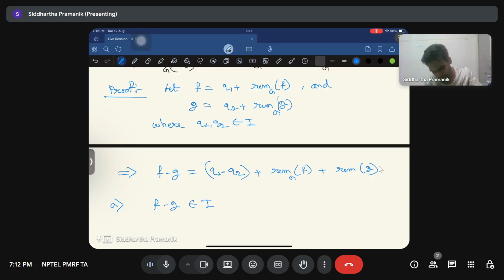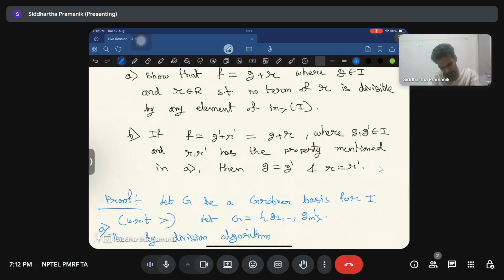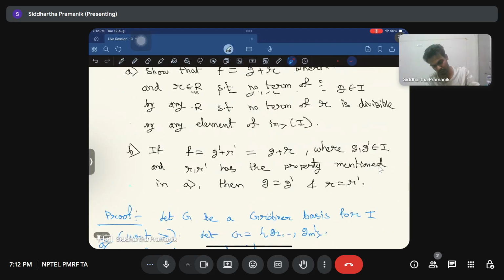Okay, now if we use the previous problem, one can express any polynomial as a polynomial of I plus some r, where the polynomial in I and r are unique.